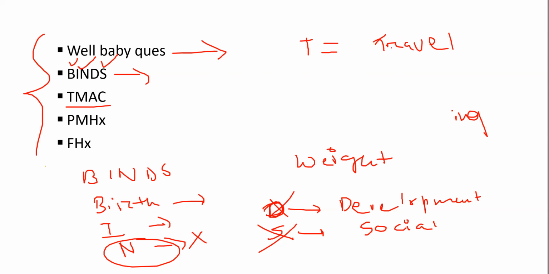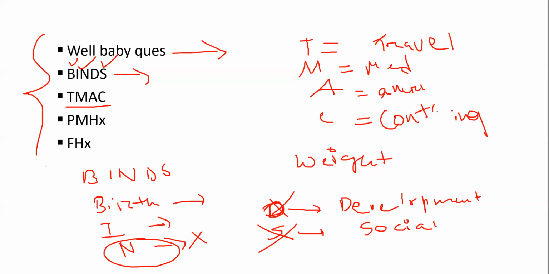Sometimes if it is an older child and the parents went traveling to, let's say, South Asia, maybe Thailand or Indonesia, then sometimes it can be a gastro that we can think of, but it's not super important in here. M for medication, A for allergies, and C for contact. Contact history is super important for children.